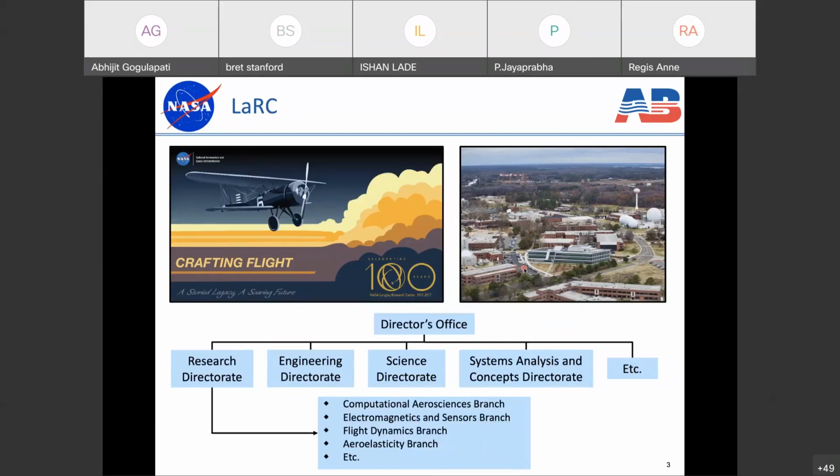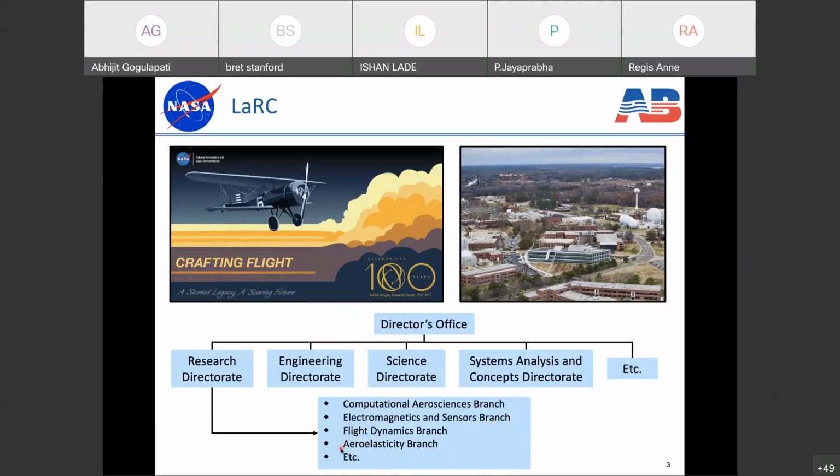We do other things as well, but aeronautics is a long pole in our tent. Langley is broken up into different directorates, and I work in the research directorate, RD, and then the research directorate is broken up into different branches, and every branch that you think might exist probably does exist. We have a computational aerosciences branch, a materials branch, a flight dynamics branch, and so on. And I work in the aeroelasticity branch, AAB.